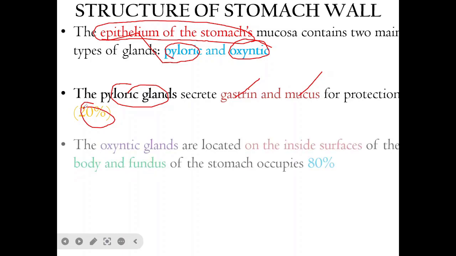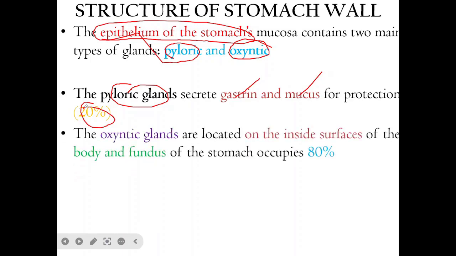The mucus is important for protection, and we will see its benefit later. The second is the oxyntic gland of the stomach. The oxyntic gland is located on the inside surface of the body and the fundus region of the stomach and occupies 80% of the total secretory cells inside the stomach. So of the secretory cells in your stomach, 80% are oxyntic glands and 20% are pyloric glands. The pyloric gland produces mucus and gastrin, whereas these have acidic secretion. They secrete mainly hydrochloric acid and pepsinogen.